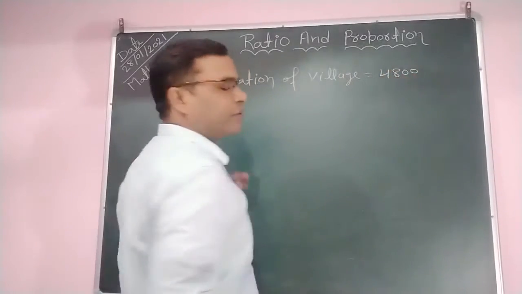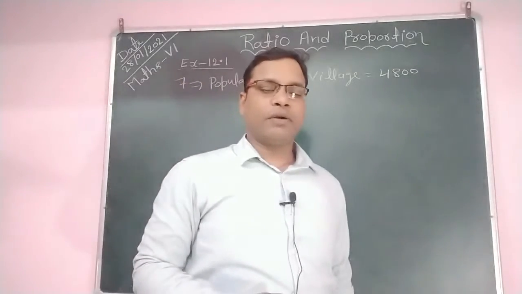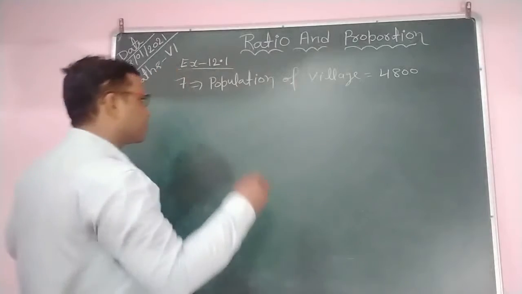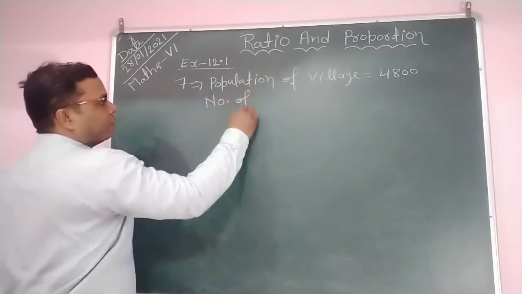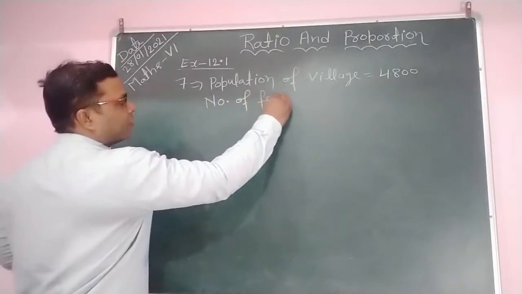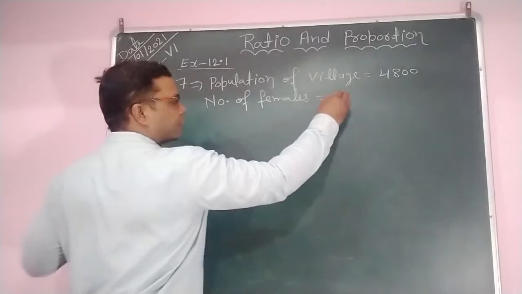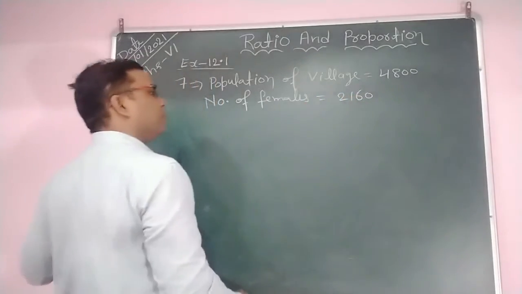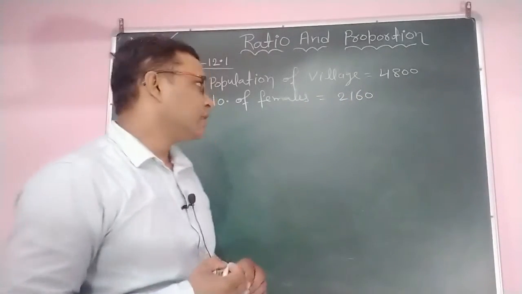This is given. The number of females in a village is also given. Number of females in a village is equal to 2,160. Clear?